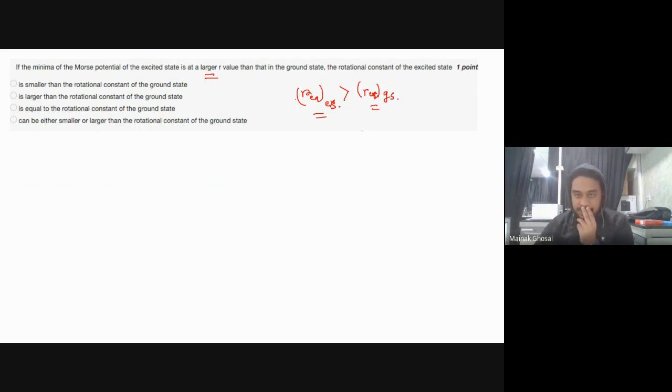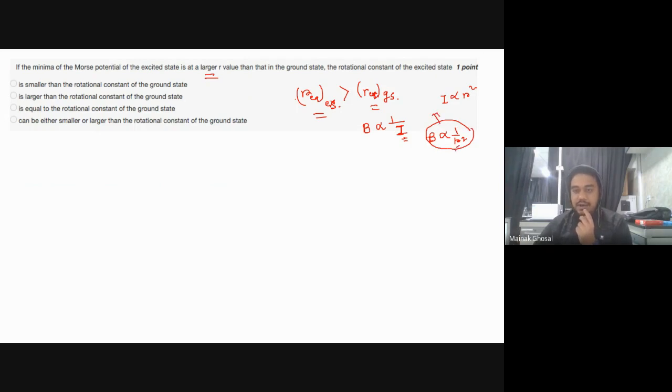You know, rotational constant has an inverse dependency on I. What is I? I is the moment of inertia. And you know, moment of inertia is directly proportional to mu r square. So it is proportional to r square. So B is proportional to 1 by r square.